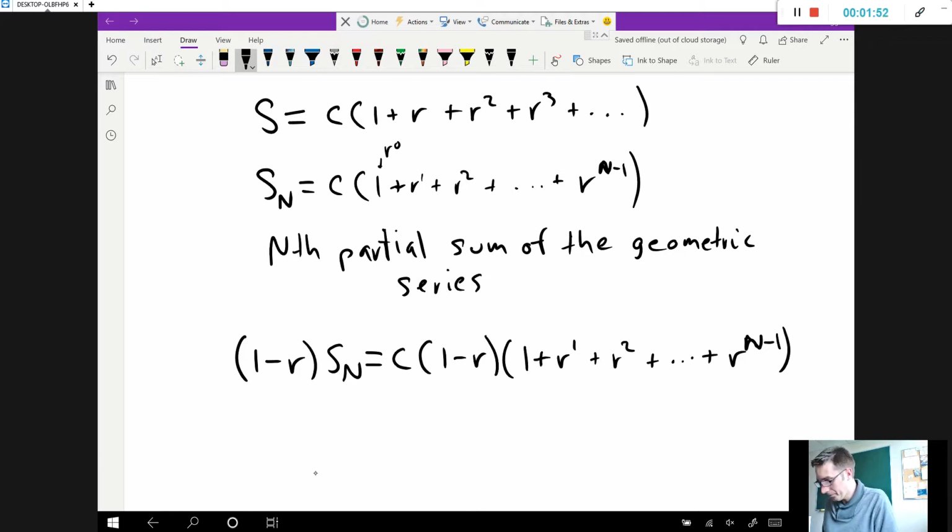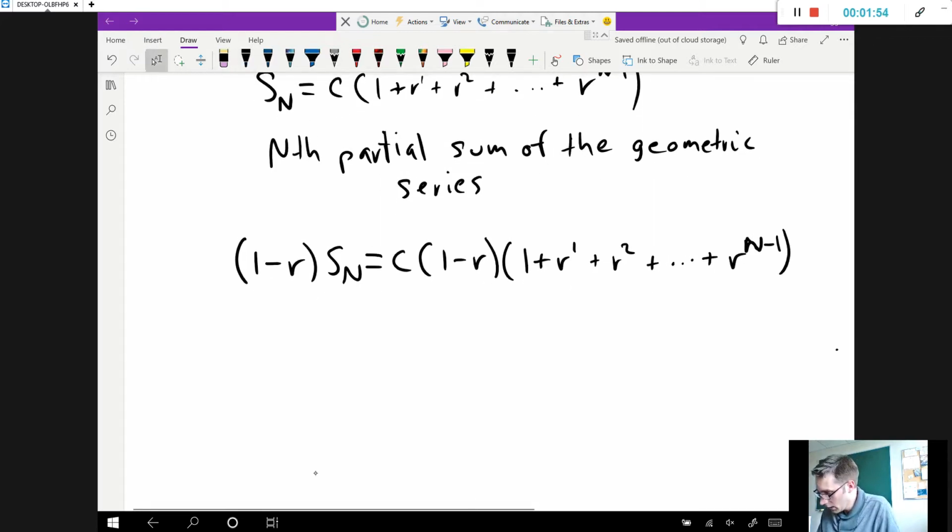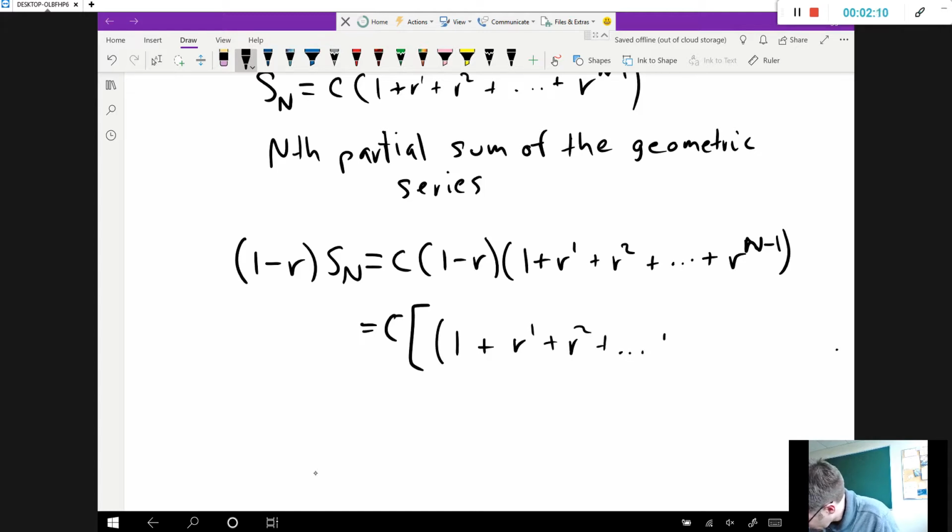And now, what I'd like to do is FOIL this out. And I'm going to leave the c alone outside. That's just going to stay where it is. And notice when I multiply 1 by the second term, I'm just going to have 1 plus r plus r squared, and so on. I'm going to have exactly this original expression once.